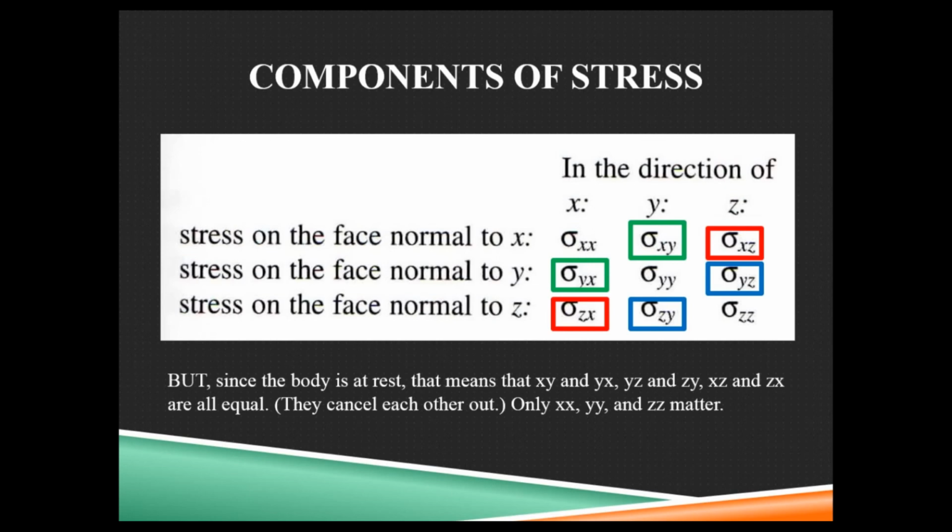If it's not moving, they've got to be exactly equal, or it will be moving in one direction or the other. Same with the 2 green, same with the 2 red. So all the shear stresses cancel out or are 0 when the body's at rest. That only leaves 3 that we have to worry about. Those 3 happen to become sigma 1, 2, and 3.